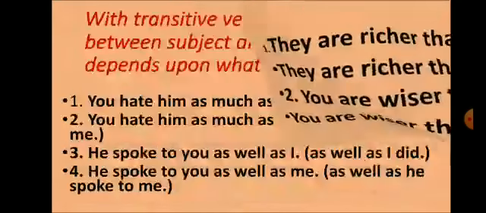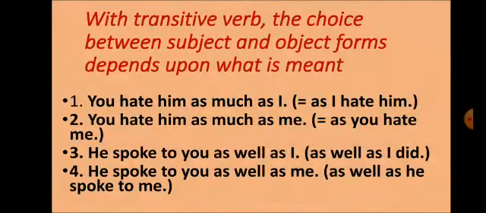Next is with transitive verbs, the choice between subject and object forms of pronouns depends upon what is meant. Now look at the sentence, you hate him as much as I. This sentence conveys to us the meaning that you hate him, the way that I hate him. But if you look at the second sentence, you hate him as much as me.